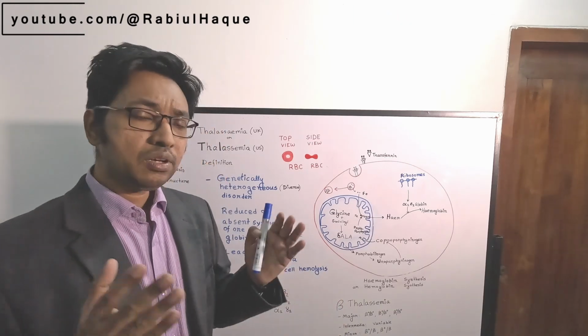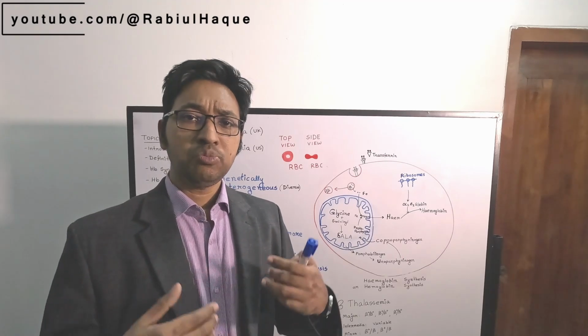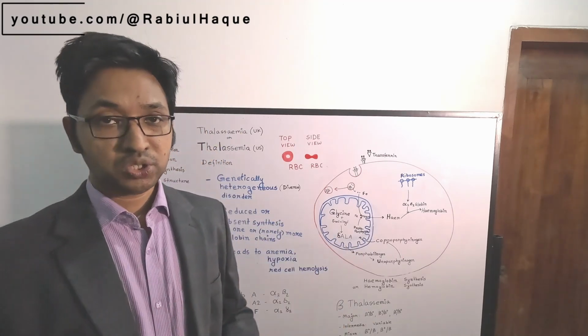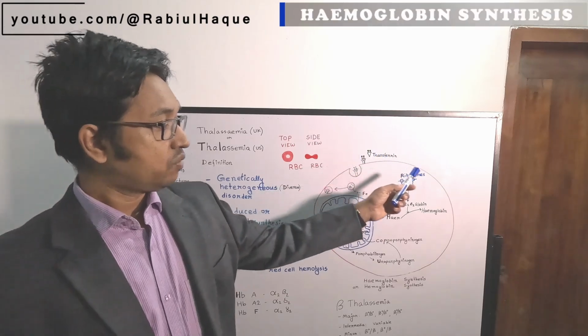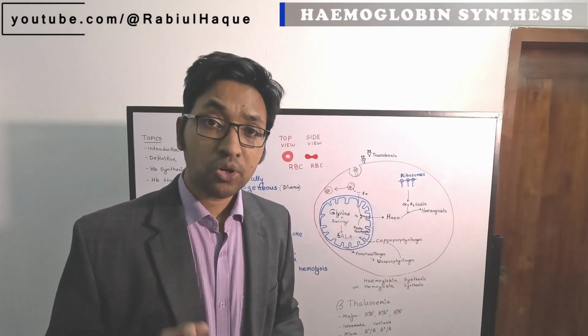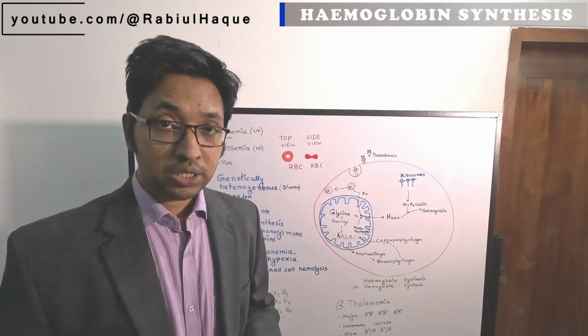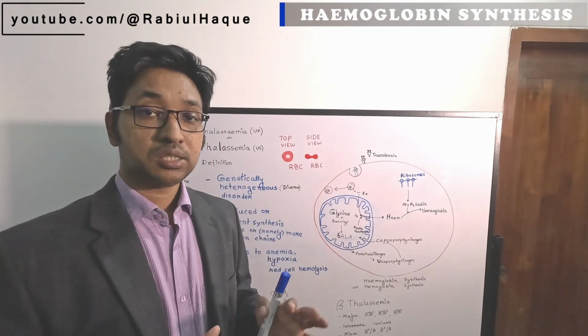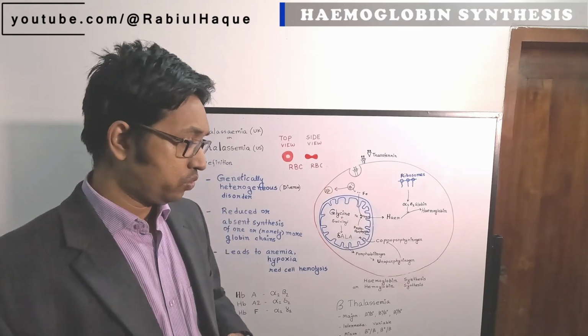Now, how hemoglobin is produced is very important. As you can see, I have drawn a cell here. One thing you have to remember: hemoglobin is produced in the precursors of red blood cells in the bone marrow.